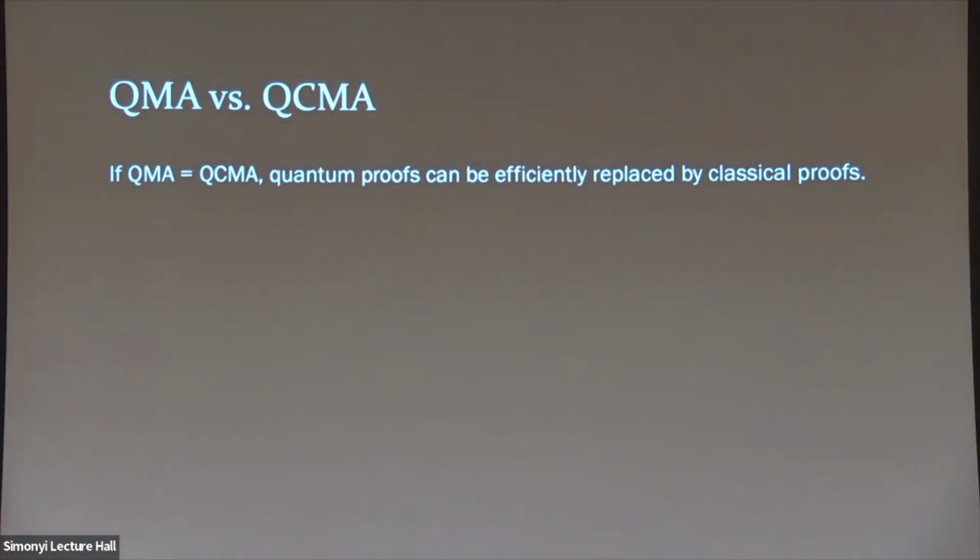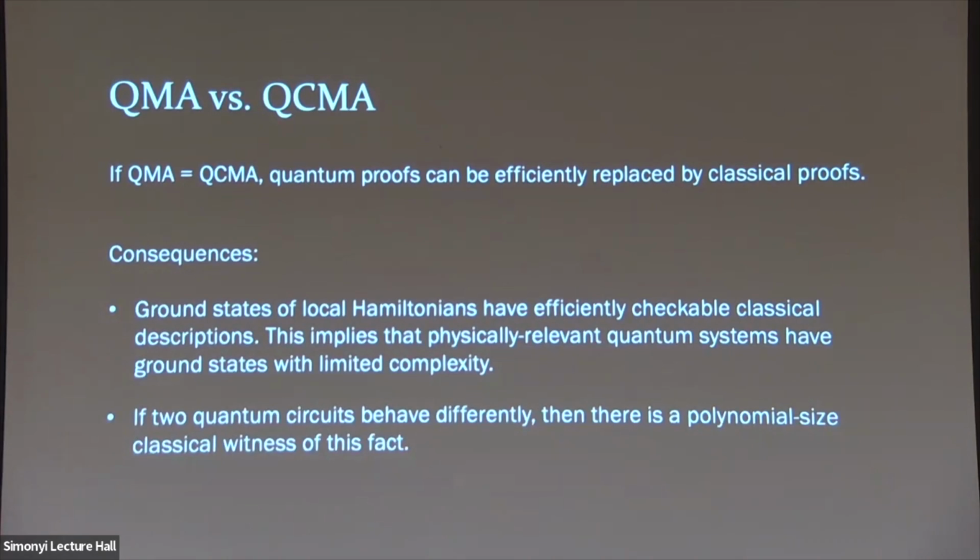So if QMA is equal to QCMA, then quantum proofs can be efficiently replaced by classical proofs. And there would be some interesting consequences of this, which I think a lot of people would find pretty surprising. One surprise would be that ground states, the minimum energy, minimum eigenvalue eigenvectors of local Hamiltonians, would actually have efficiently checkable classical descriptions.